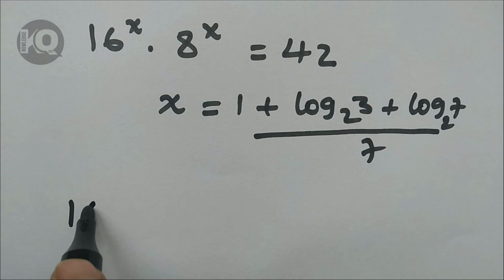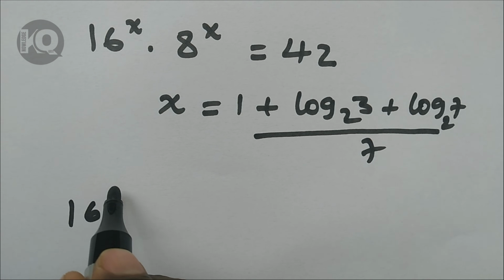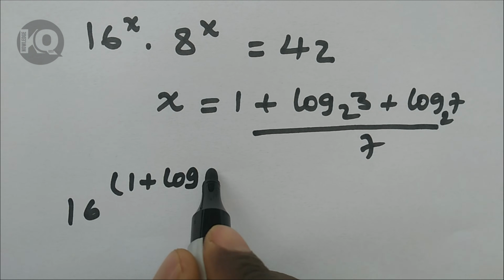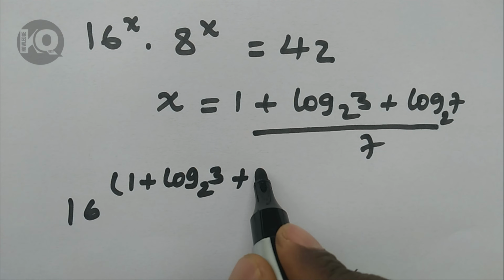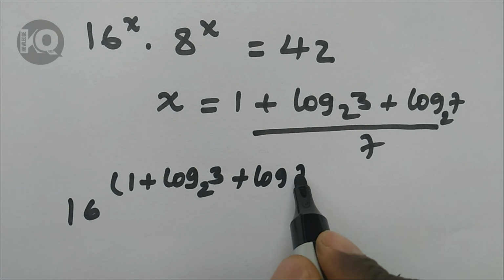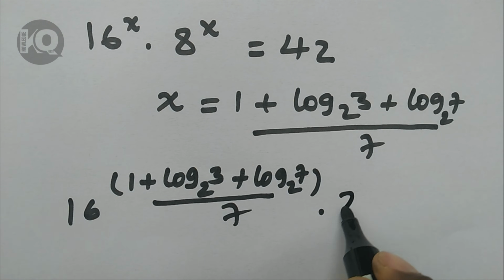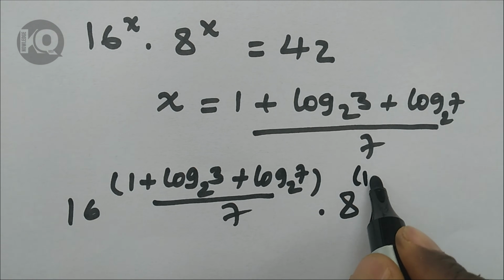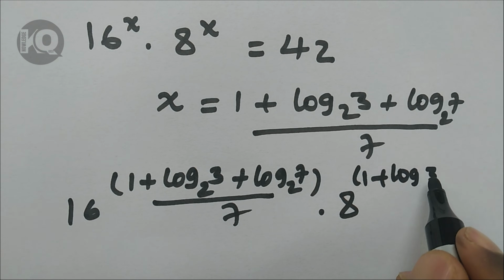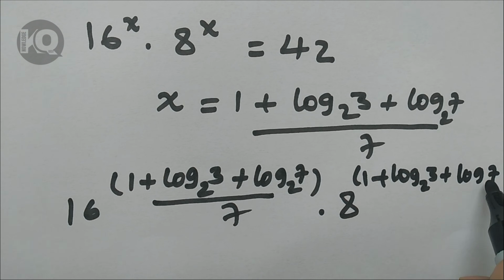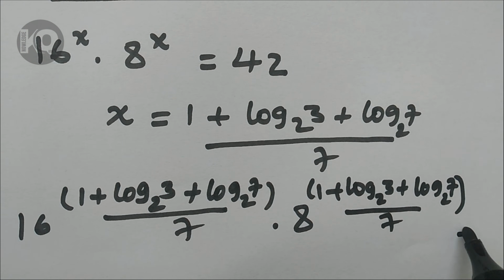So 16 to the power of x, which is 1 plus log of 3 to the base 2 plus log of 7 to the base 2 divided by 7, times 8 to the same power, is equal to 42.